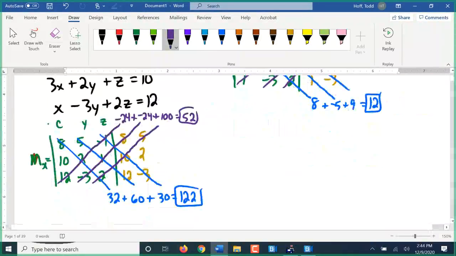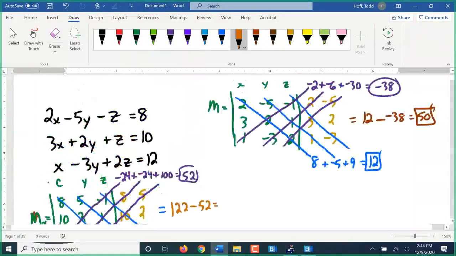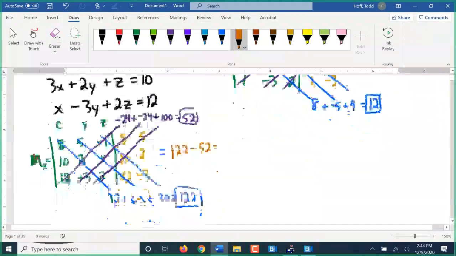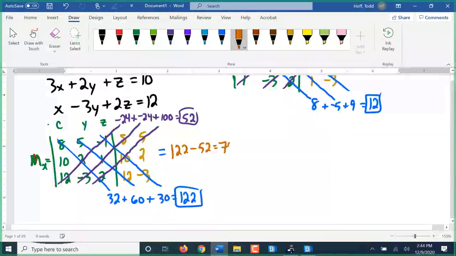So we go to combine those. We have 122 minus 52. Add those correctly? I think I did. Okay. 122 minus 52 is 70.